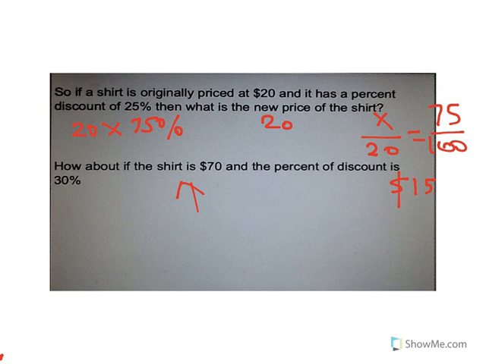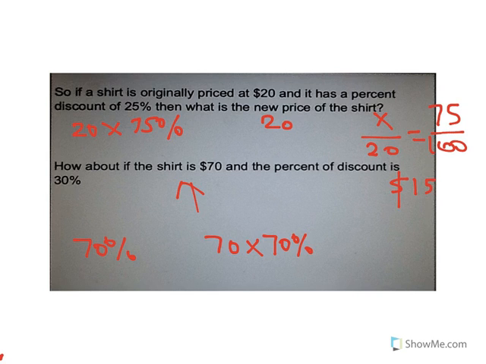So if the shirt is instead $70 and the percent of discount is 30%, then the shirt now costs 70% of the original amount. So you could do 70 times 70%. That's one possibility. You could multiply it by 30% and then subtract. It's going to give you the exact same result.